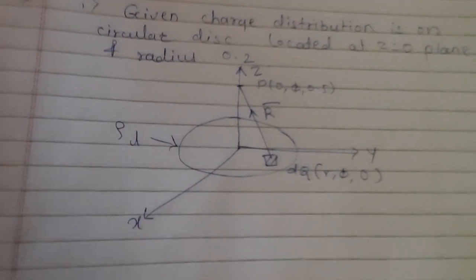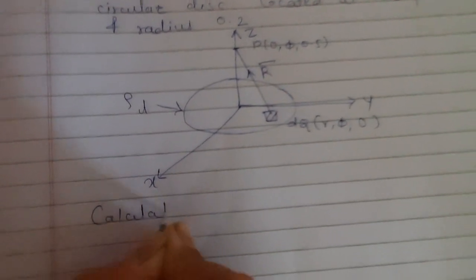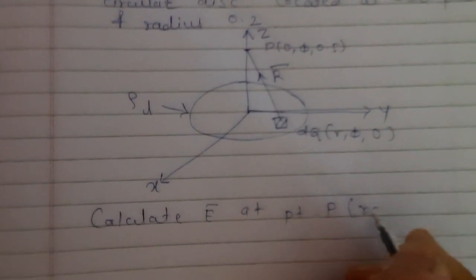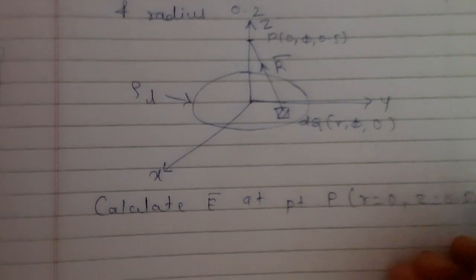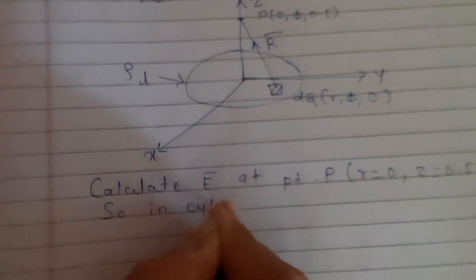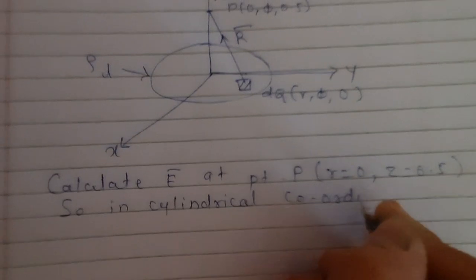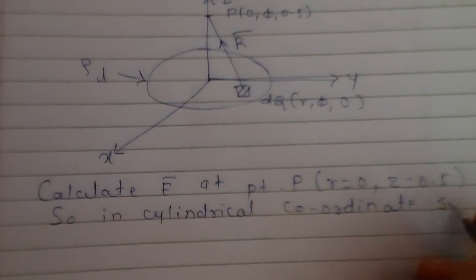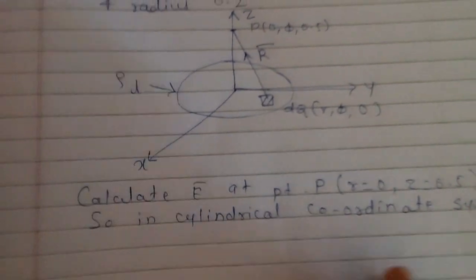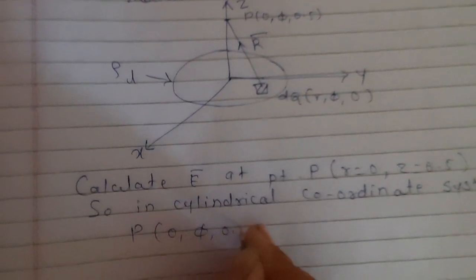Now we have to calculate E bar at point P having values r is equal to 0 and z is equal to 0.5. So in the cylindrical coordinate system, coordinates of P are 0, 0, 0.5.